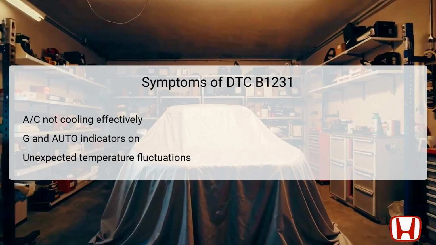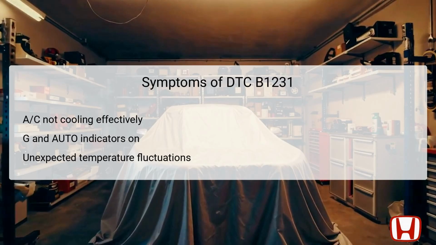Symptoms accompanying DTC B1231 typically revolve around the vehicle's climate control performance. Owners might observe that the air conditioning system is not cooling effectively, which is due to the failed temperature monitoring that the evaporator sensor provides. Additionally, the G and auto indicators on the dashboard may illuminate, alerting drivers to a malfunction in the system.